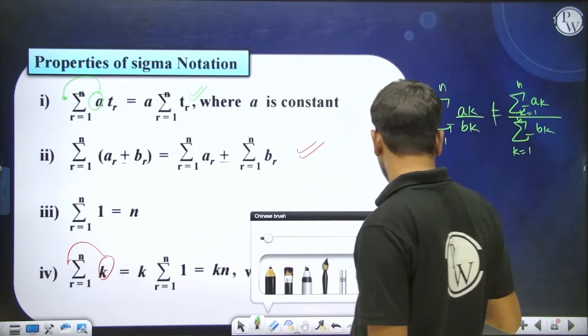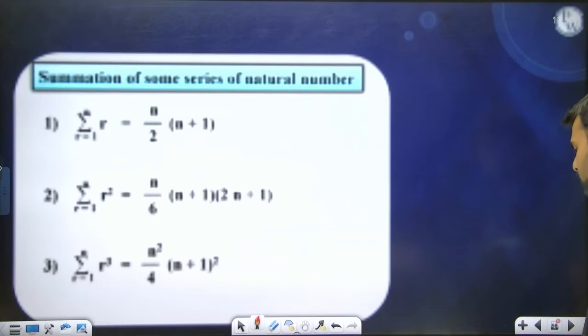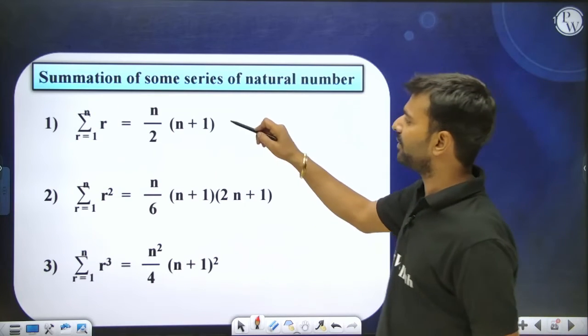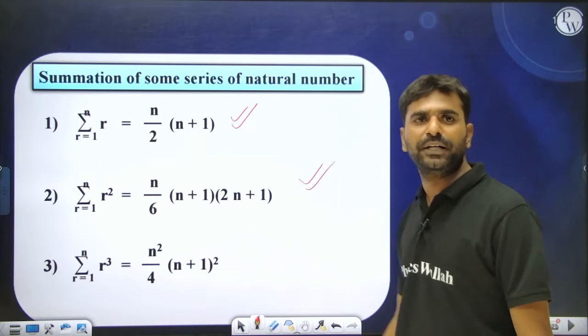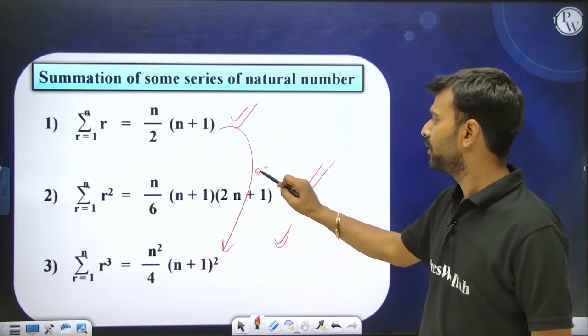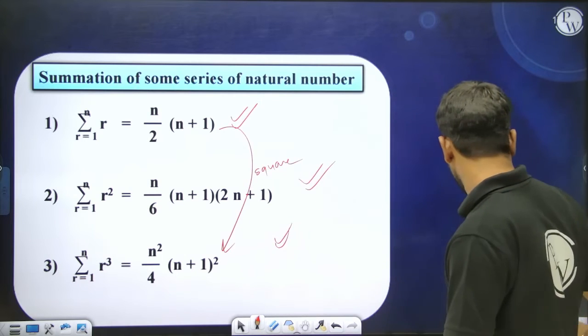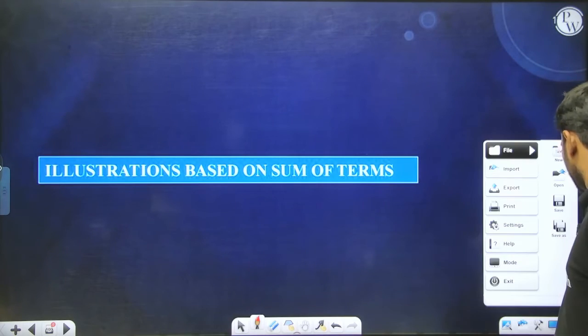Sigma is only distributive when plus and minus is there in between the two things. Sigma r is n into n plus 1 by 2, sigma r square is equal to n into n plus 1 into 2n plus 1 by 6, and sigma r cube is the square of sigma r only, nothing else. Do remember these formulas, as these are very basic and very important ones.